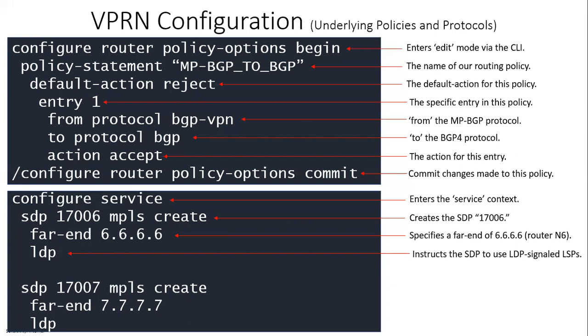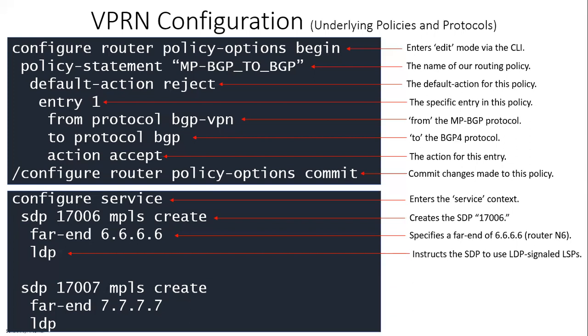If for whatever reason you wanted to use GRE as your transport type, here's where you would specify that. For example, if we wanted to use GRE for this SDP's transport, our command would be SDP 17006 GRE create. And that's it. But in our network, we're going to be using MPLS.